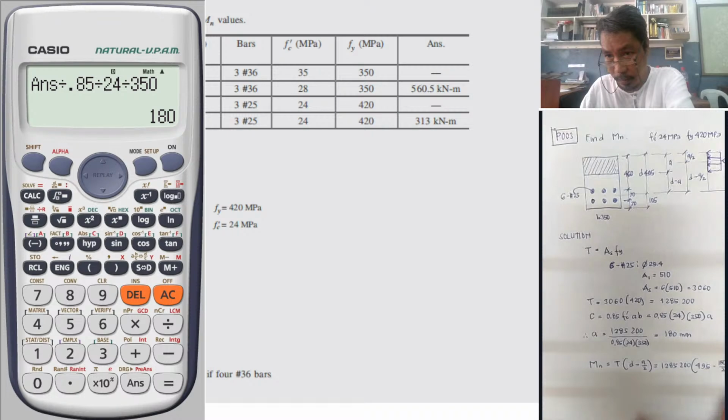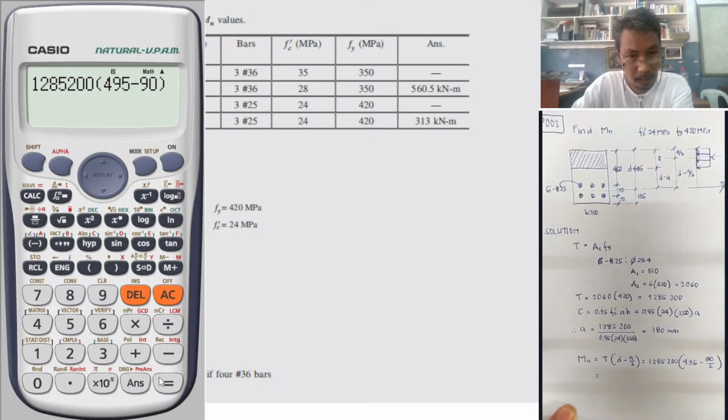Therefore, using our calculator, 1,285,200 multiplied by 495 minus 90, because 180 divided by 2 is 90, so therefore we have 520,506,000.